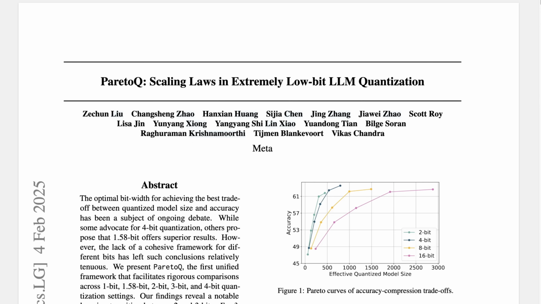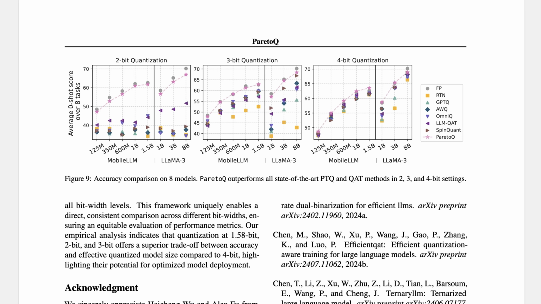But according to this paper from Meta, the scaling laws hold even for low-bit models. Here, we're seeing 3 plots for 2-bit, 3-bit, and 4-bit quantization. The plots show the model size against its performance. Each color is a different flavor of quantization, but for simplicity, let's just look at the pink one.